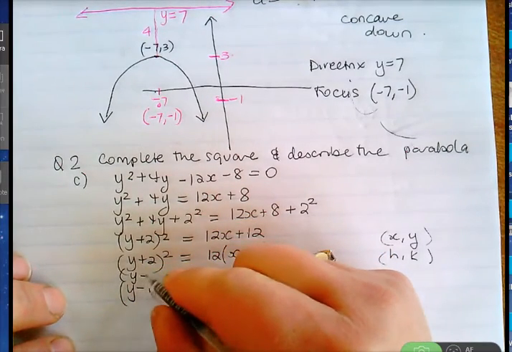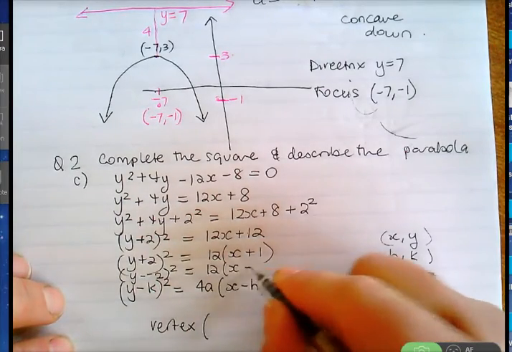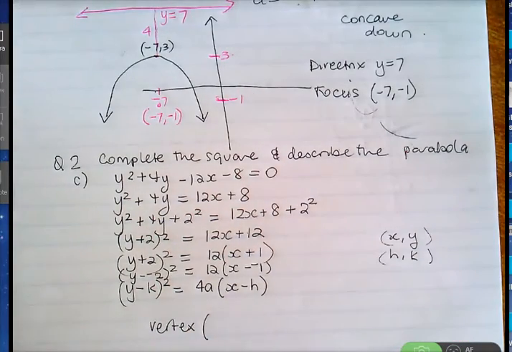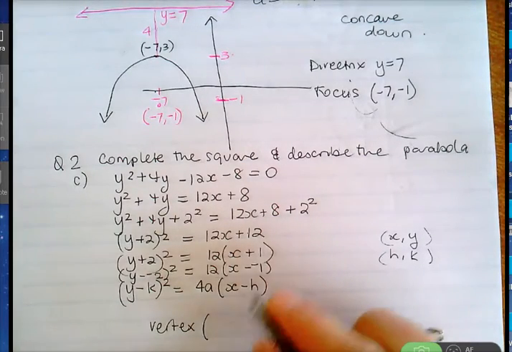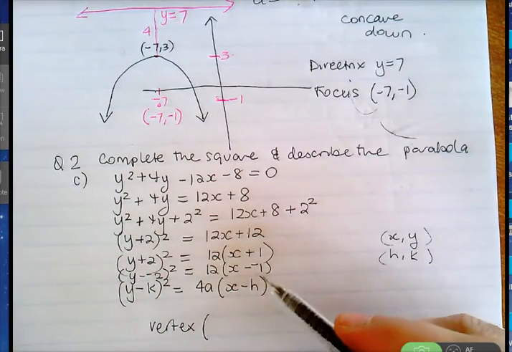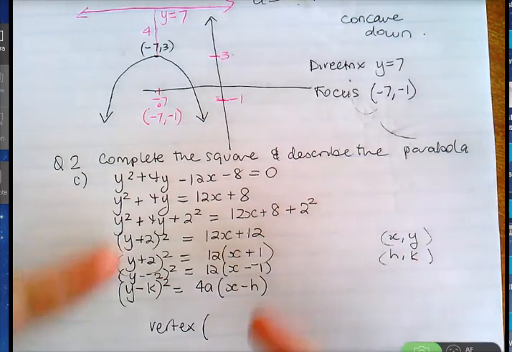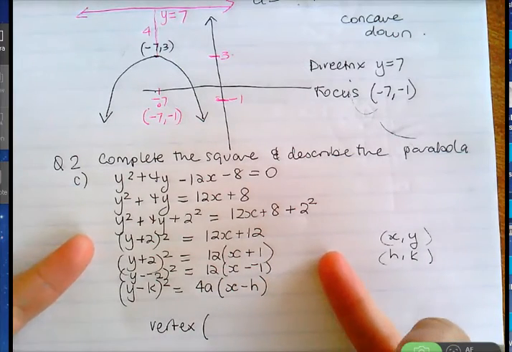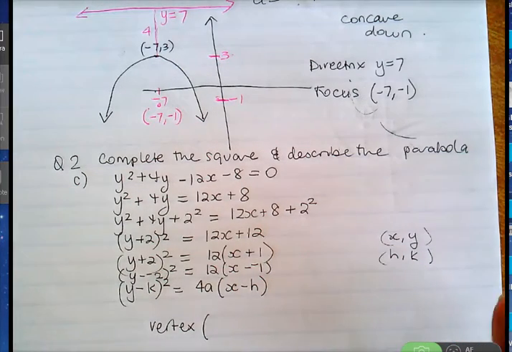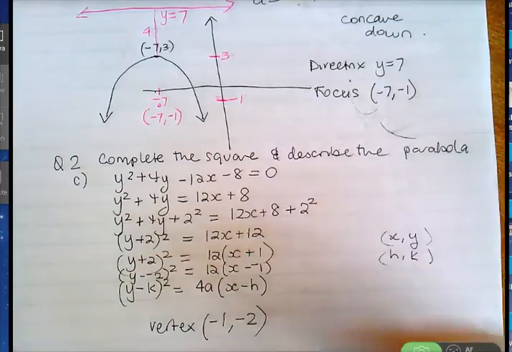So we've got y minus negative 2 squared equals 12 bracket x minus negative 1. So therefore the vertex, please do the x value first. And how many people will put negative 2, negative 1? Really simple to do because you're just reading it in order. But with these sideways shifted ones, we need the x value first because it's a coordinate. Always the x value first and the y. So the vertex is actually negative 1, negative 2.